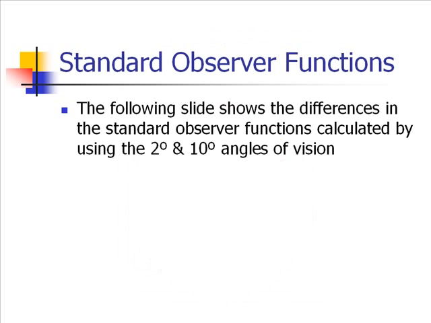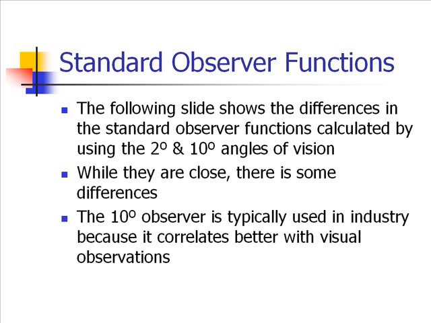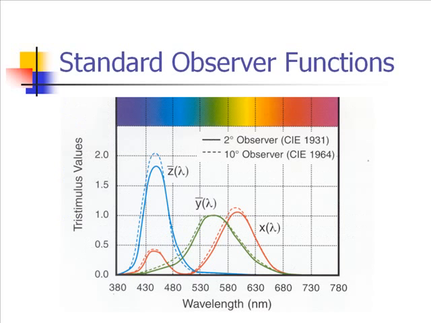Now, is there a huge difference between them? Does it really affect when you're matching colors? Sometimes yes, sometimes no. It all depends on how critical your match is, what colors you're dealing with, what the material is, all those sort of things. But the general accepted norm is that we use the 10-degree observer.